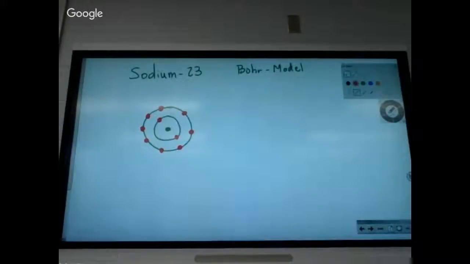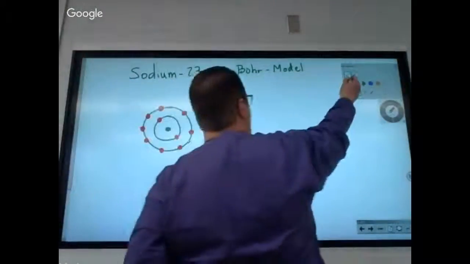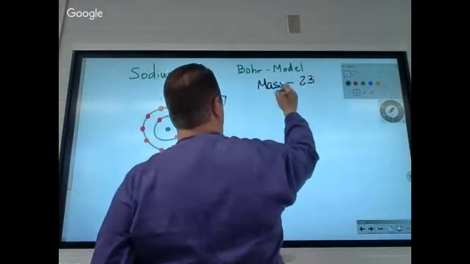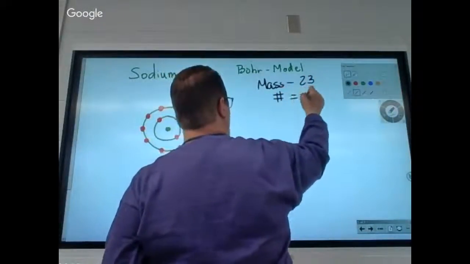All right. Which one is atomic number and which one is atomic mass? The big number is atomic mass. Okay. So the mass is 23 and the number is 11.